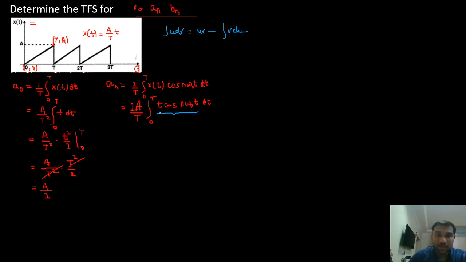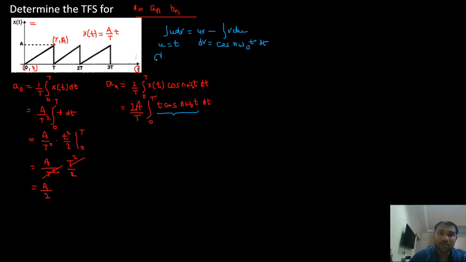So here I'll take u equal to t, and dv equal to cos n omega naught t dt.